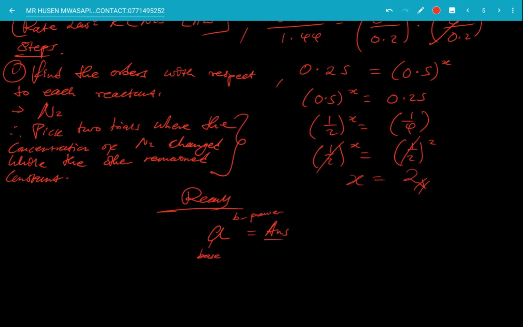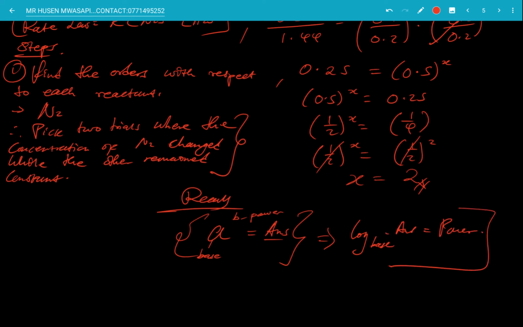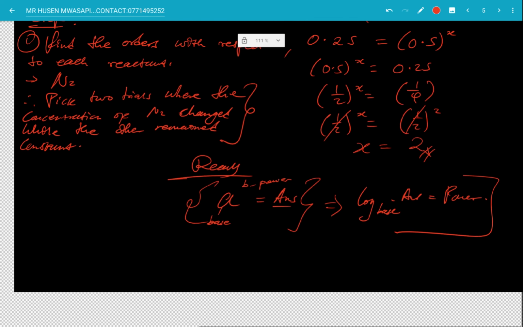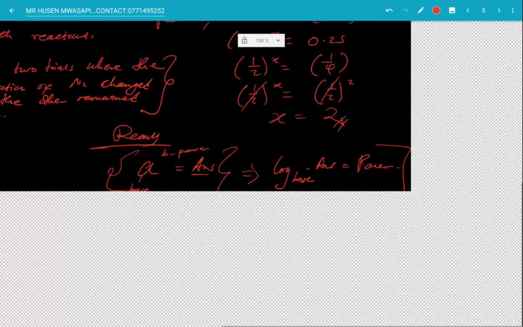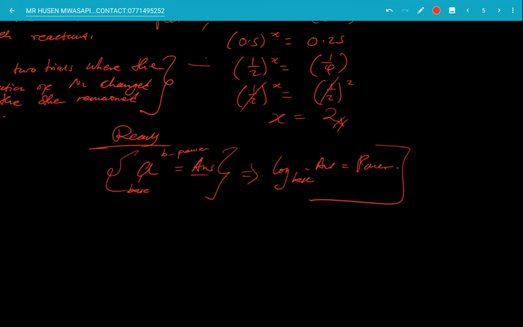If you want to convert this into log, this is the same as log base times answer is equal to what? Power. So we can use this trick to determine the value of X. Let's pick it from this point here.